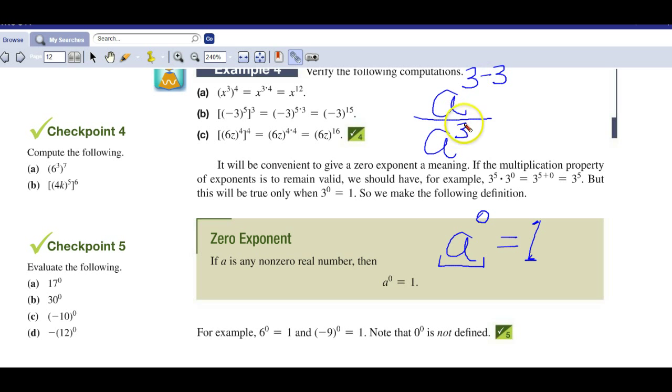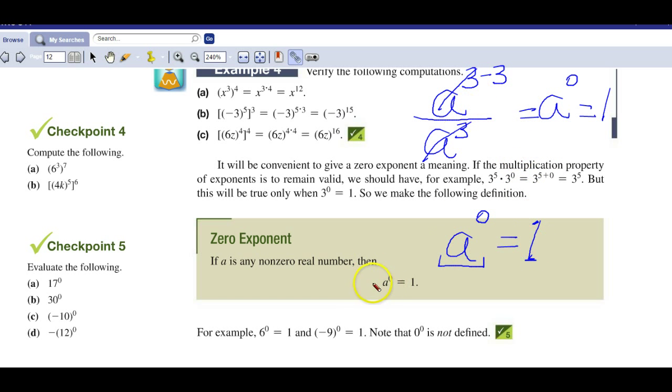So this 3rd here comes up to the top as a negative 3rd, and this would give us a to the 0 power. But we also know that a to the 3rd divided by a to the 3rd, anything divided by itself, is a 1. So therefore, a to the 0 power is 1.